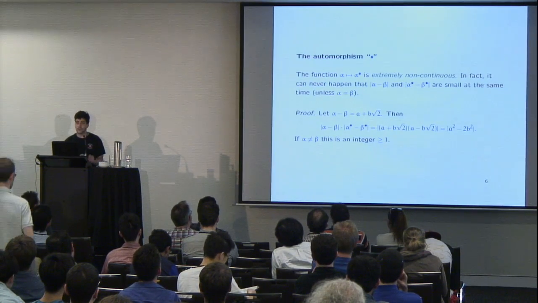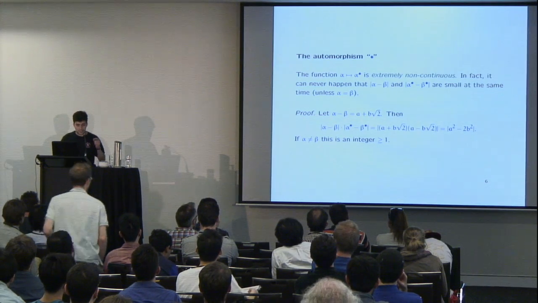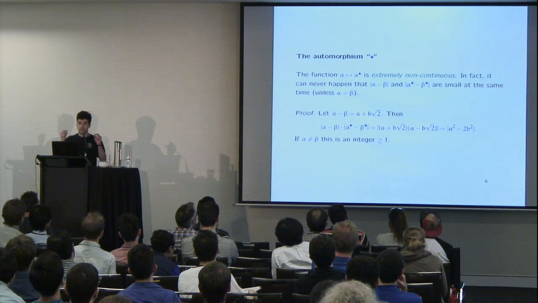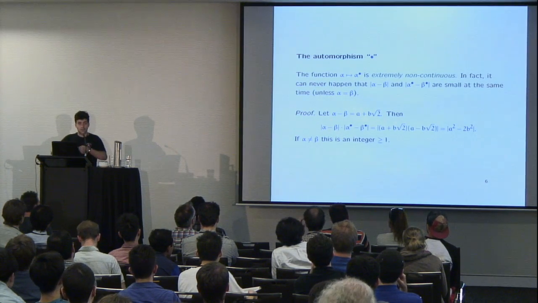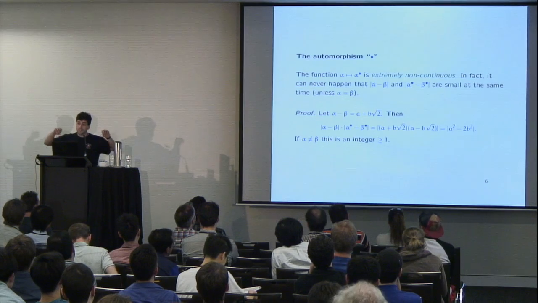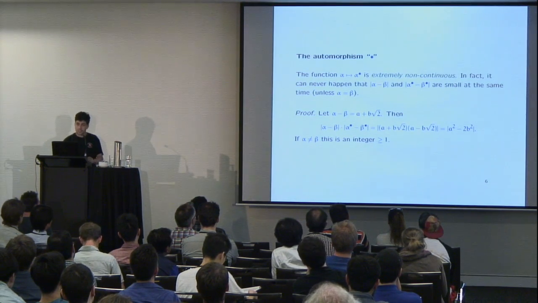Now, this bullet automorphism is an extremely non-continuous function, in the sense that if you take two elements of Z root 2 that are really close, then their bullets are going to be really far apart. And the reason for this is actually quite easy to see.